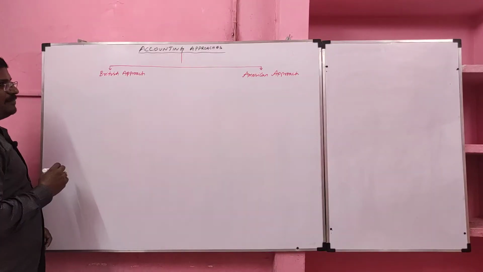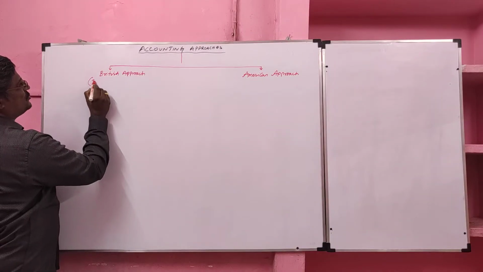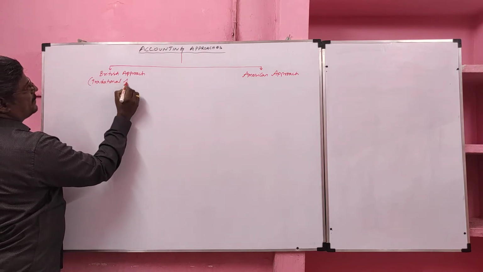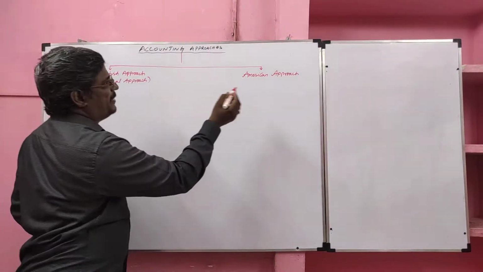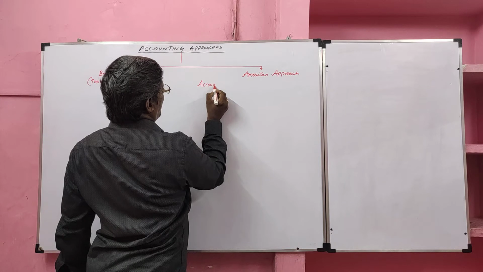One is British approach. Another one is American approach. British approach, also known as traditional approach. American approach, also known as accounting equation approach.